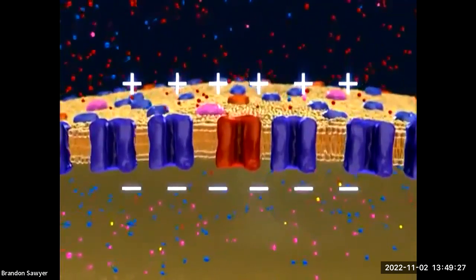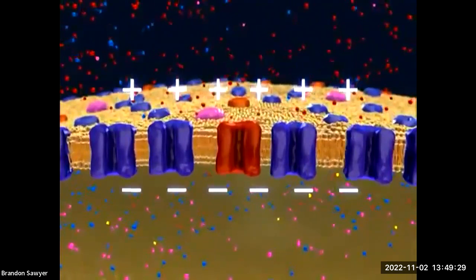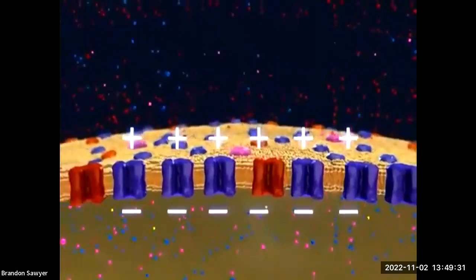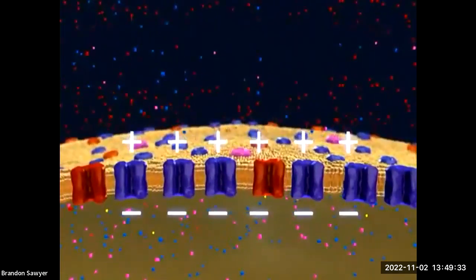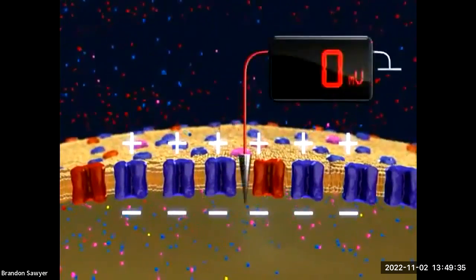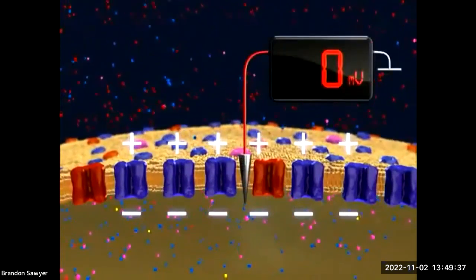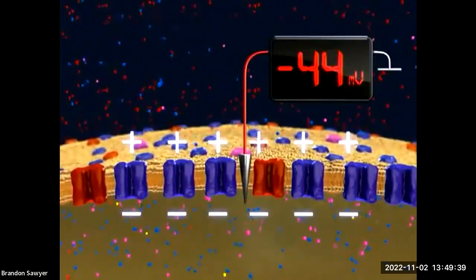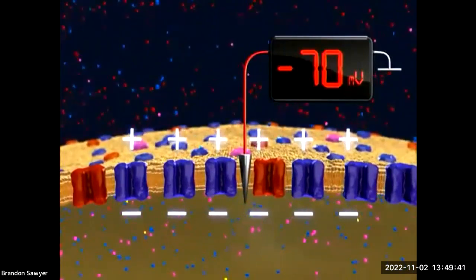This partitioning of charge creates a voltage difference across the membrane known as the resting membrane potential, which can be measured using a voltmeter. On average, an intracellular electrode records a value of -70 millivolts.